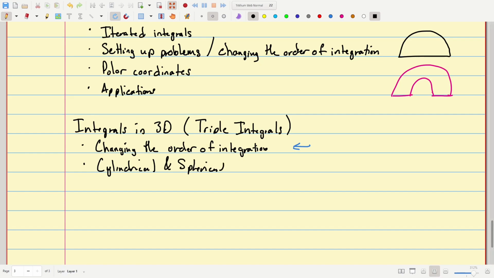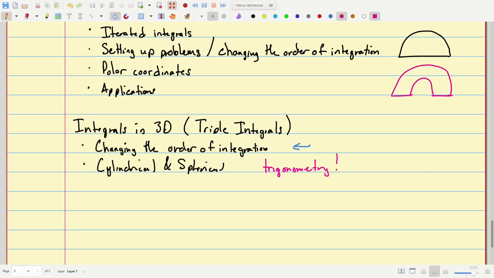I'm going to ask about cylindrical and spherical coordinates. Probably one and not both, just due to time. But I do expect you to be able to work out the integrals that come up with these, and to remind you that part of the transformations for these formulas involves trigonometry, especially spherical coordinates.